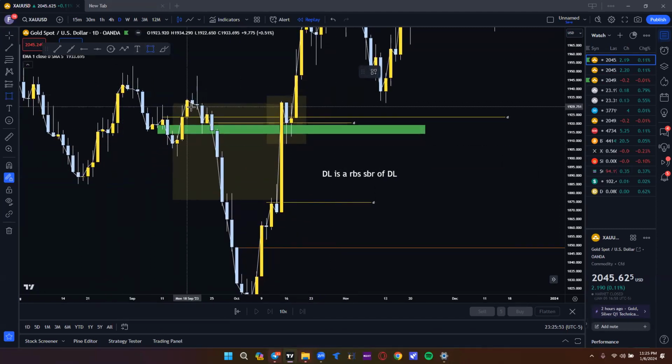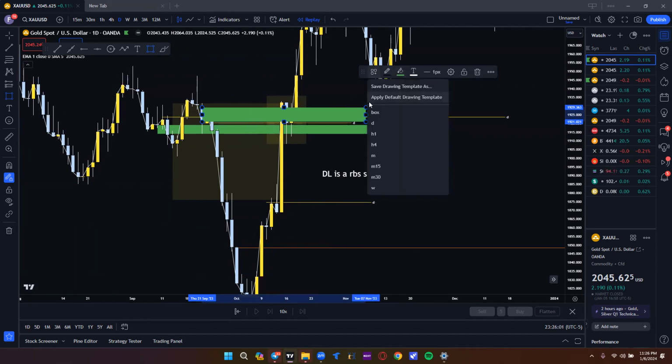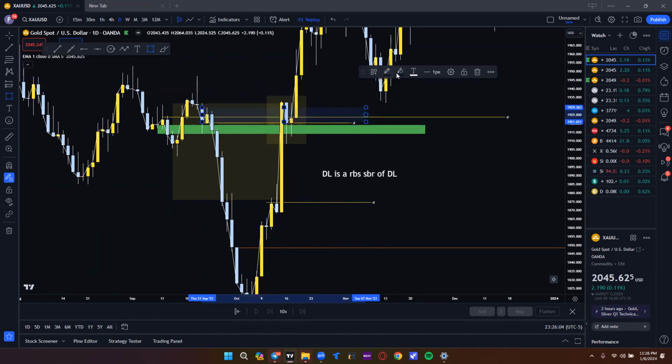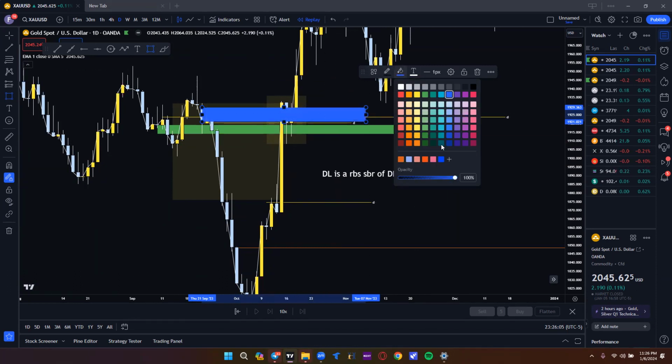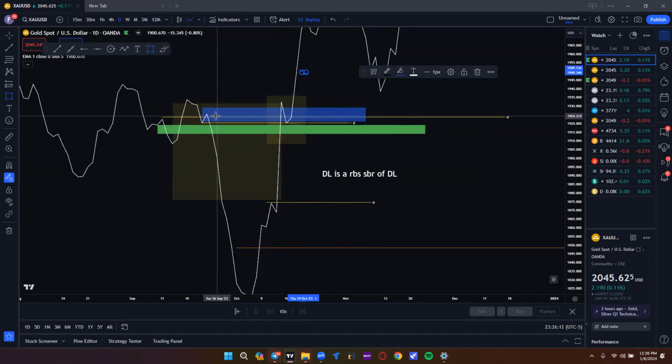Or you can look at it from this point. See this SNR level, price has broken above.